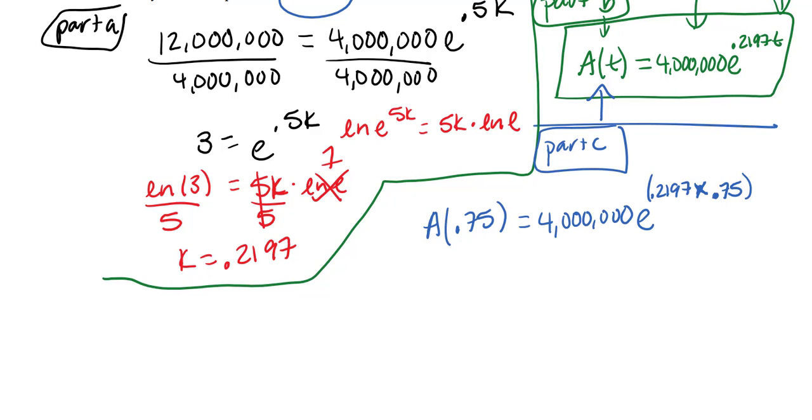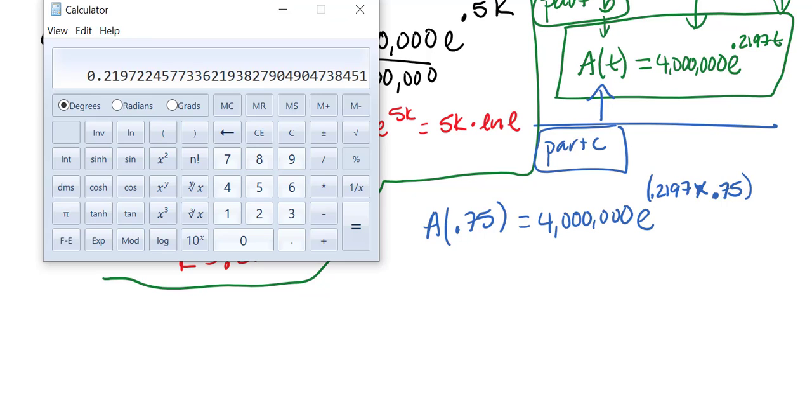So now let's go get our calculators out. So remember, my calculator wants me to go 0.2197 times 0.75, which gives us another decimal. We're going to take the inverse, so we get to e. Whatever this came out to be, we're going to take e raised to that power, and that is 1.1791, and it continues on.